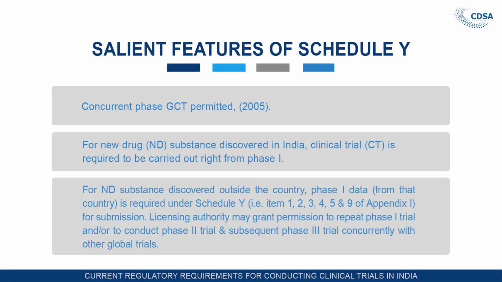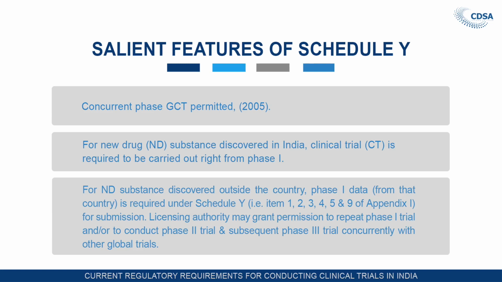What is the status for the drug which is not discovered in India? So for the new drug substance discovered outside the country, that is not in India, phase 1 data from that country where it has been discovered, as required under Schedule Y, has to be submitted. That data is as per the Schedule Y, and what is that data?